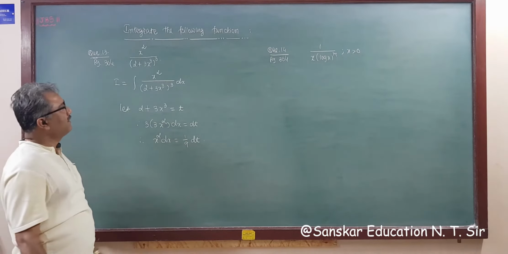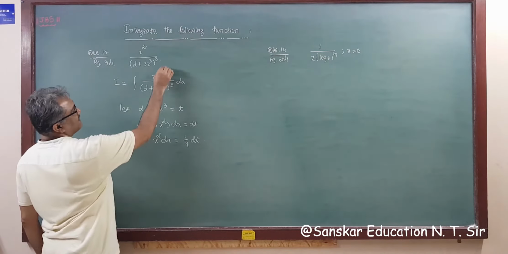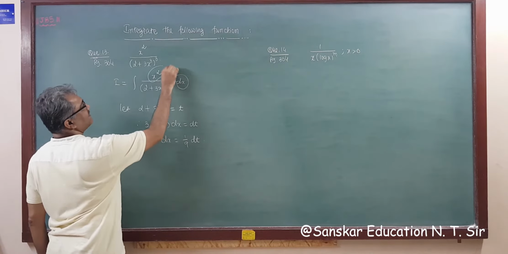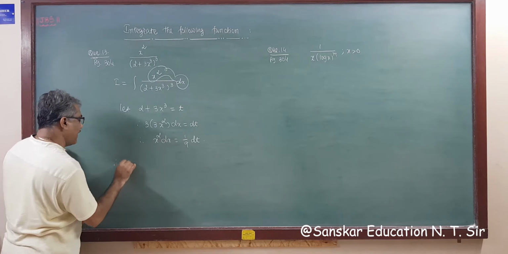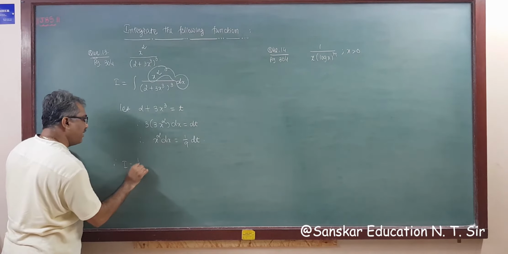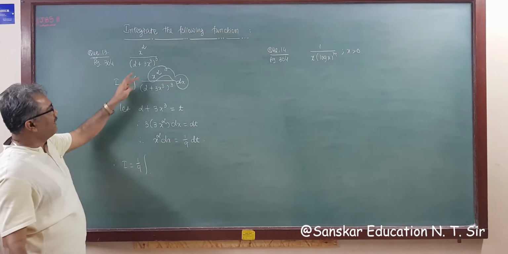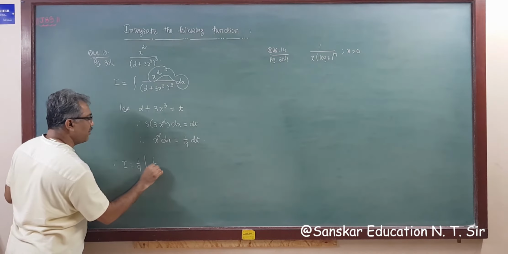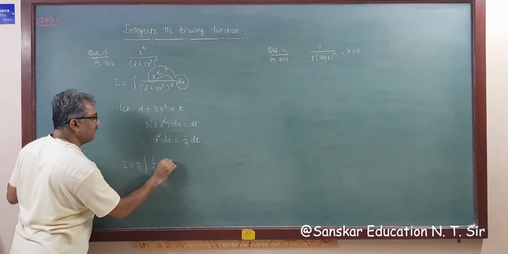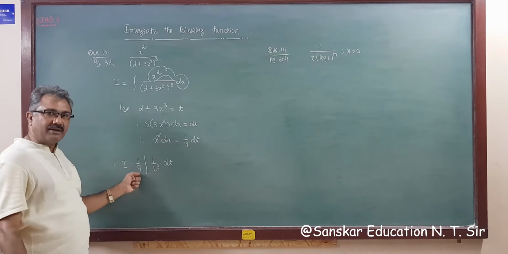So I is equal to 1 upon 9 integration 1 upon t cube dt, because I write 9 outside the integral sign.